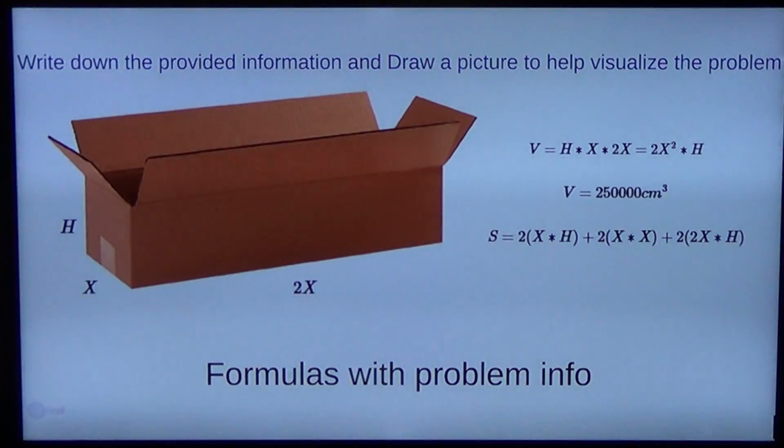The next thing to do is actually replace in the information we have from the problem into those equations. So we know for volume we have 250,000 centimeters cubed. And then for the surface area, we have the same equation still.